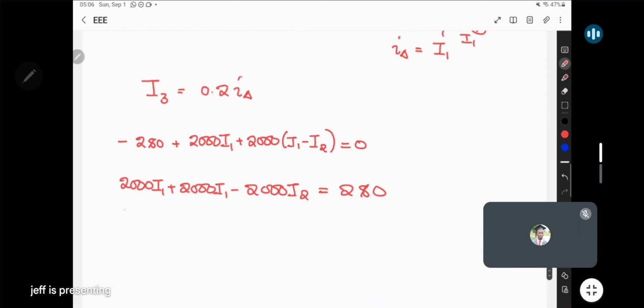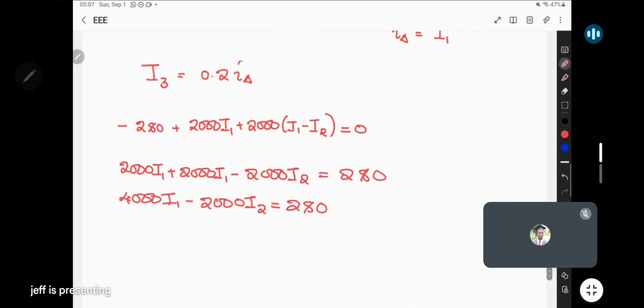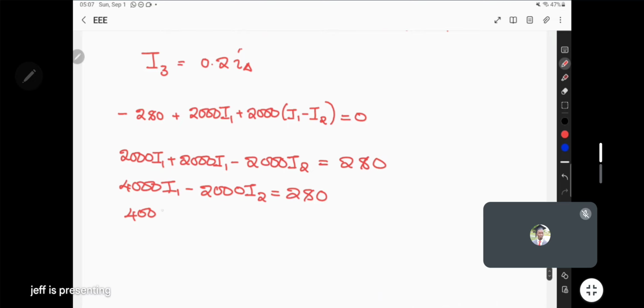These become 4000 I1, then minus 2000 I2 is equal to 280. You can drop a 0, 400 I1 minus 200 I2 is equal to 28. Then we can hold it here.